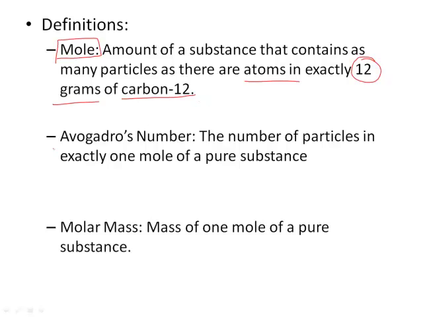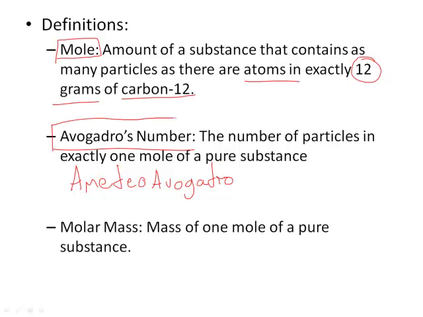And so abundant that there was this man named Amedeo Avogadro, which is kind of a cool name. Using all this research about mass and about how chemical reactions occurred, he came up with the number of particles in exactly 1 mole of a pure substance.